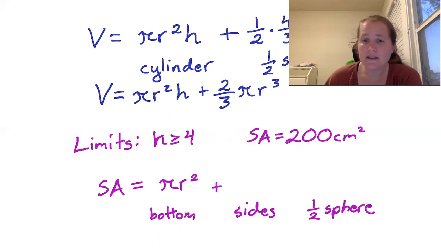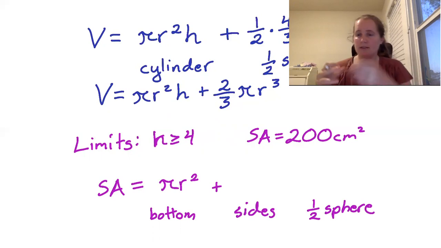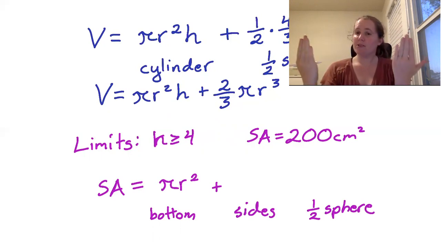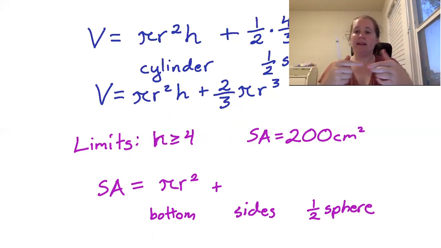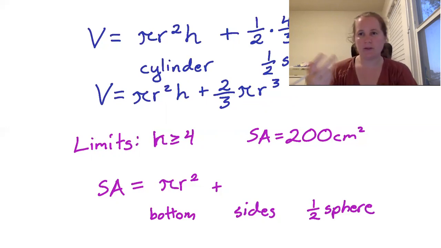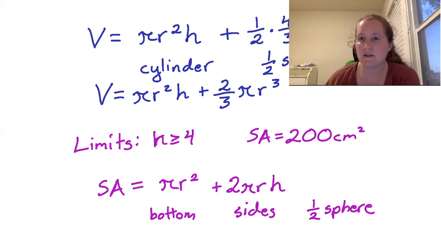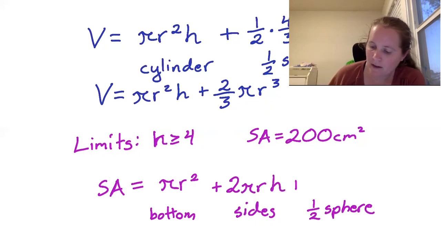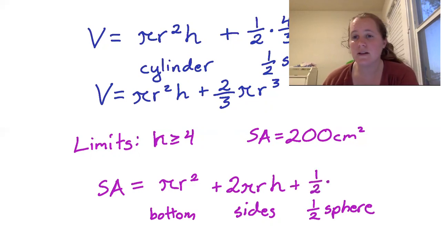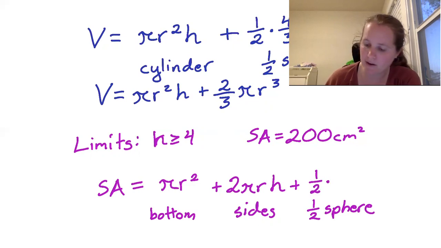The sides are just, if we cut down the one side and opened it up, a rectangle. The length of the rectangle will be the circumference of that circle, and the width or height will be the height. So the circumference of the circle is 2 pi r, times h for the height of the cylinder. And then the half sphere, we will do 1/2 times the surface area of the sphere, 4 pi r squared.